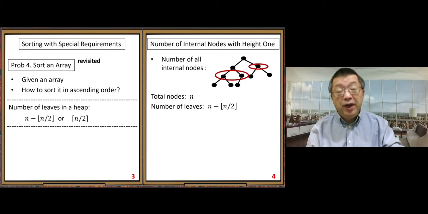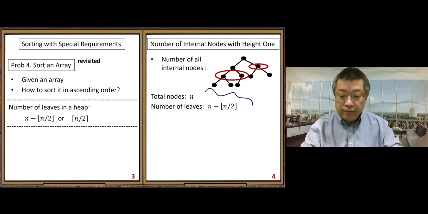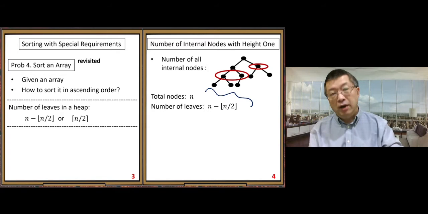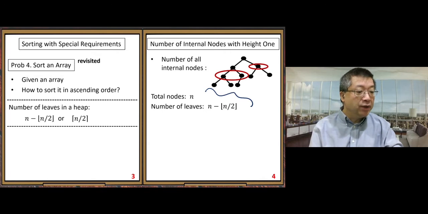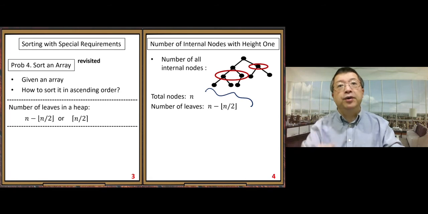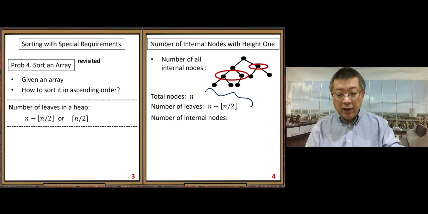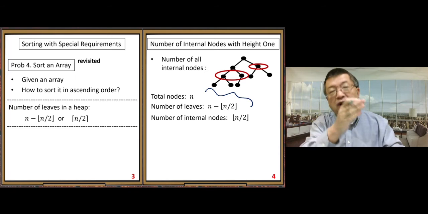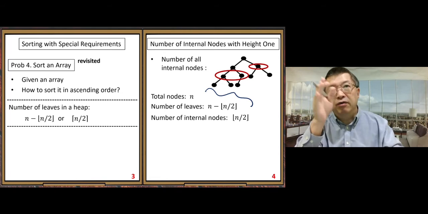Then the number of internal nodes is the offset of the number of leaves with respect to total nodes. So the number of internal nodes is floor function of n over 2.